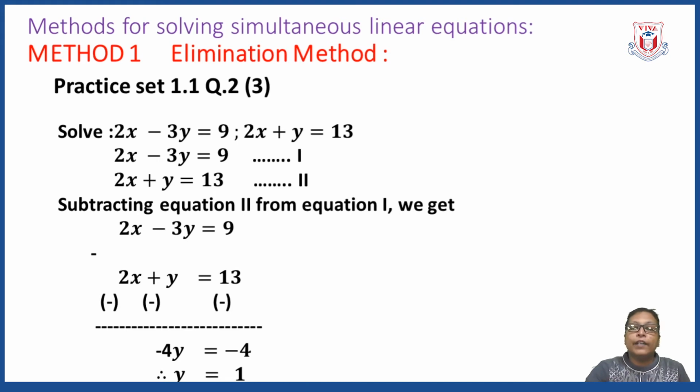So what we are writing: 2x minus 3y is equal to 9, minus 2x plus y is equal to 13. Now all of you know that whenever we are subtracting, we need to change the sign of each and every term of the second equation.